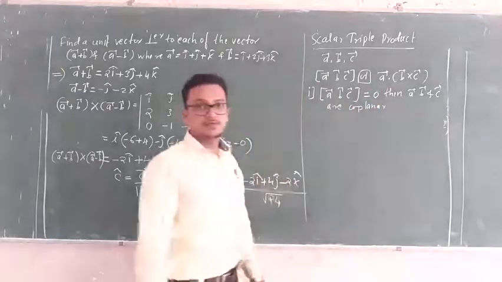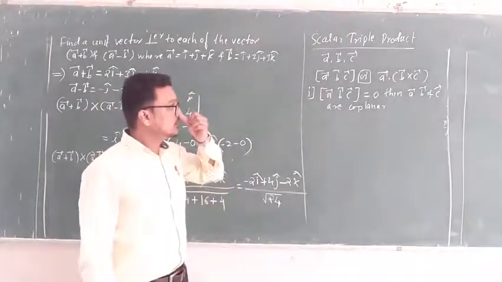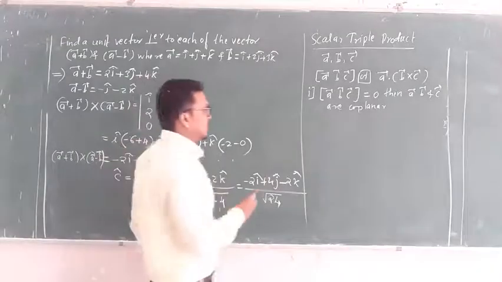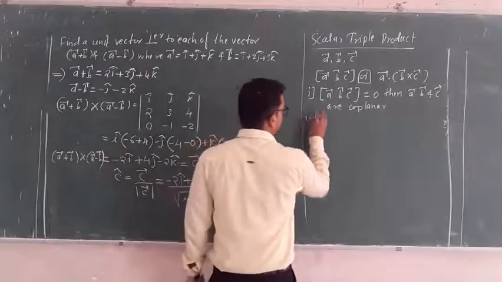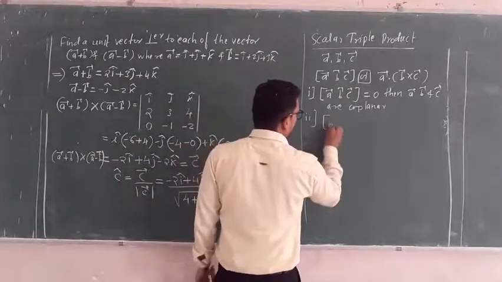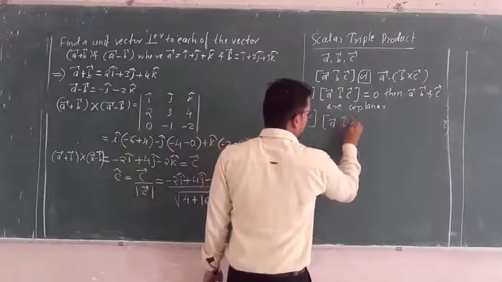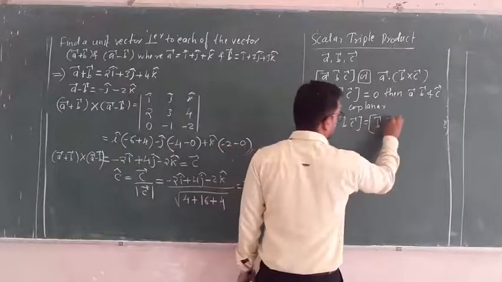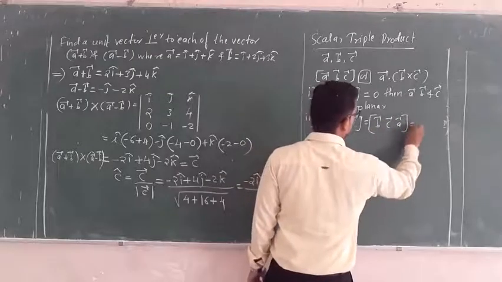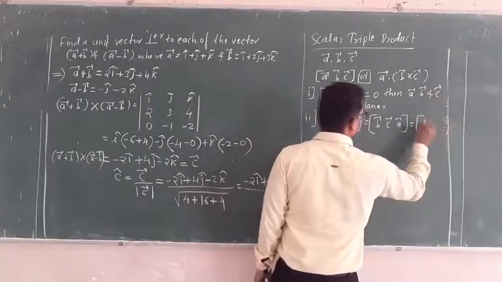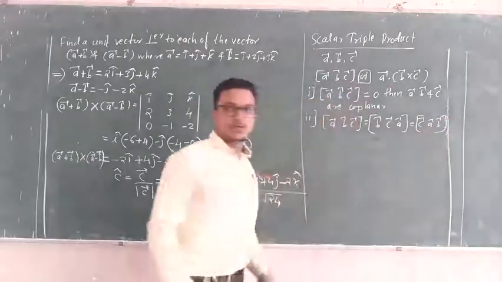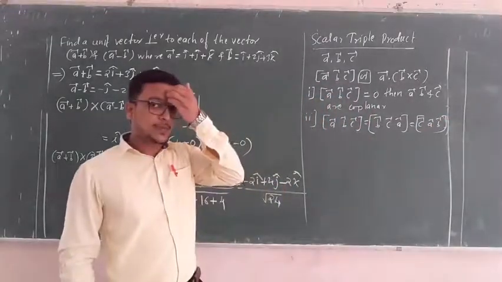Second case: the scalar triple product of A, B, C can also be written as B, C, A, and can also be written as C, A, B. This is called the cyclic property.